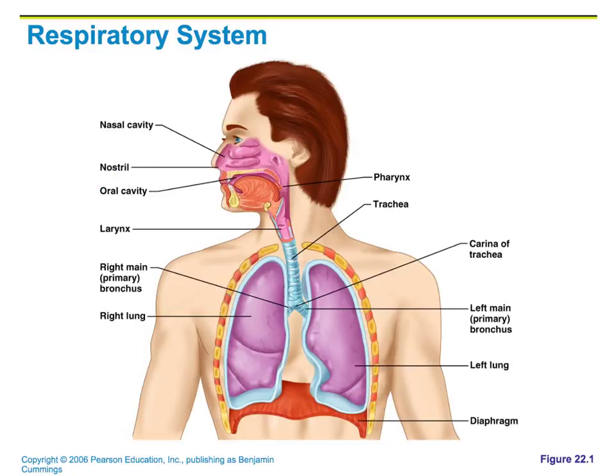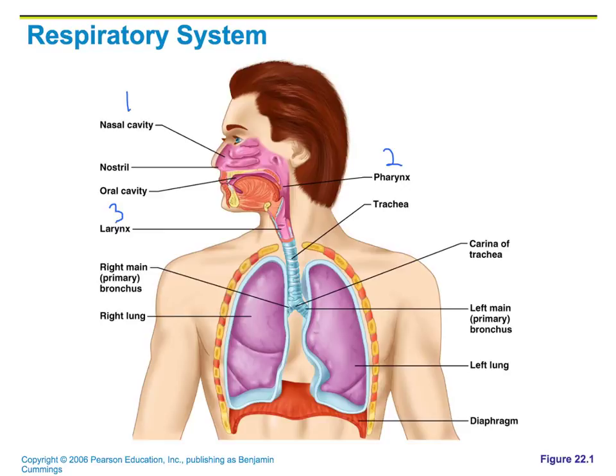You should know the sequence of anatomical structures that air moves through on its way to the respiratory zone. So one would be the nasal passages or nasal cavity. From there, air moves through the throat, and recall that you have three throats, so to speak. After the pharynx, the air moves through the area where you generate your voice, or the larynx.